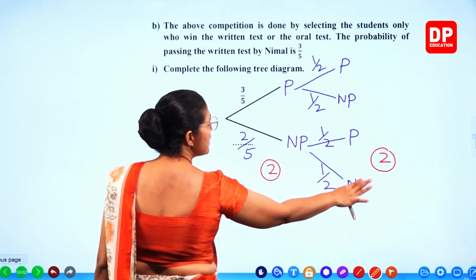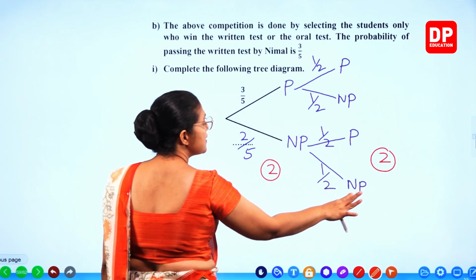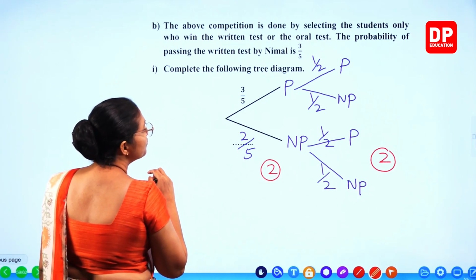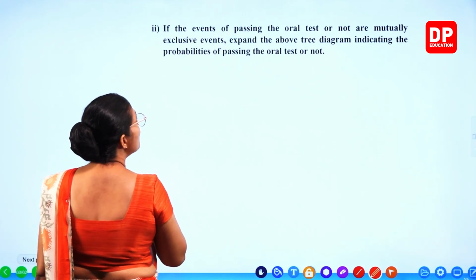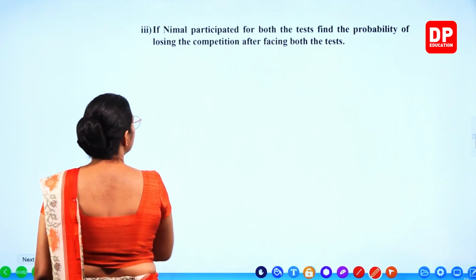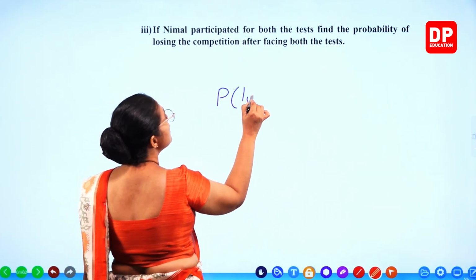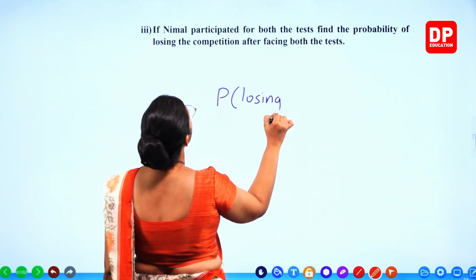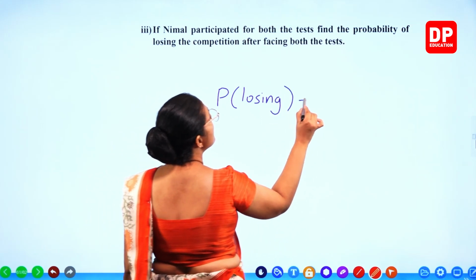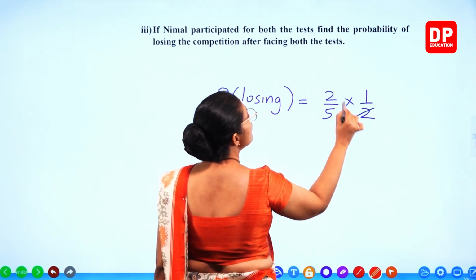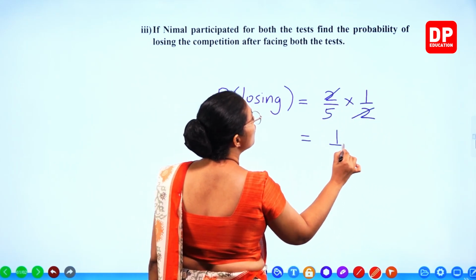That means you have to select this path, failing both the exams, 2/5 and half. So the probability of losing the competition is 2/5 into half. So you get 1/5.